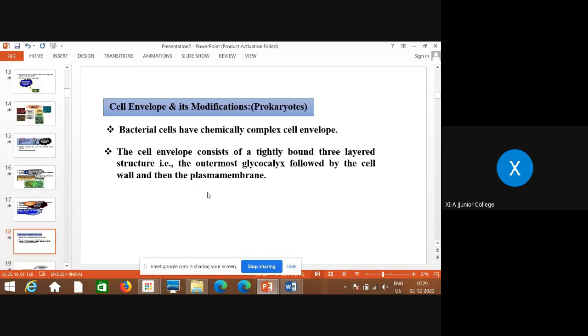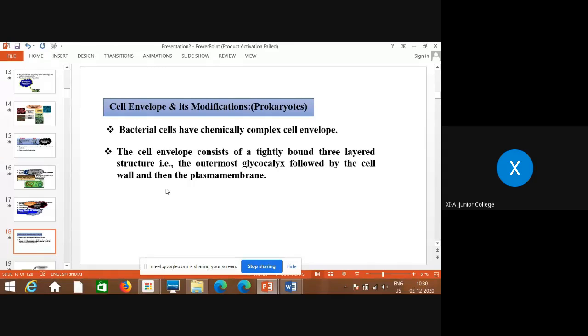In prokaryotes, the cell wall is also covered by an outermost layer of glycocalyx. So the three layers together, tightly bound, are called the cell envelope.